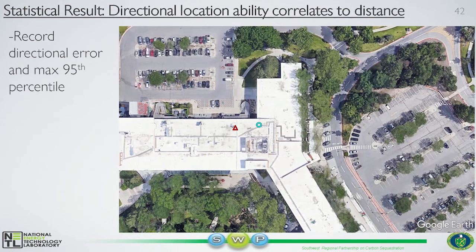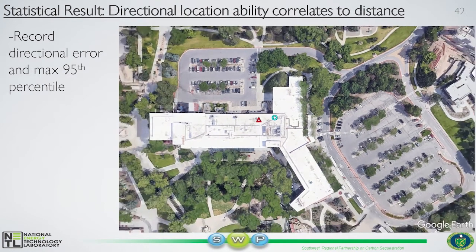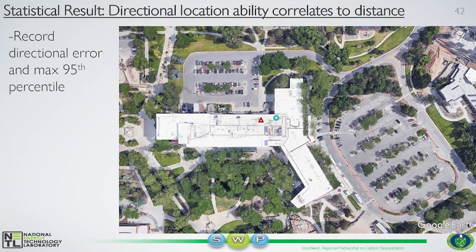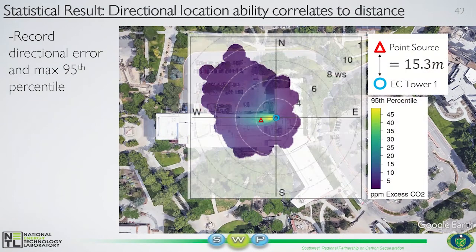Now let's move over to the closest position, eddy position 4. Again, the excess plot shows great detection ability, with elevated concentrations coming directly from the source. But we'd also like to extract some quantitative results from these plots. The technique I used was identifying this maximum and its attributes.